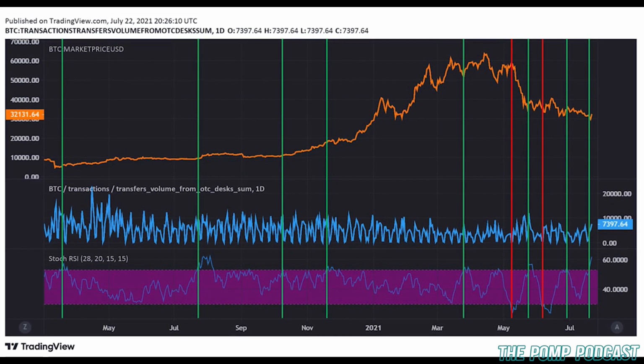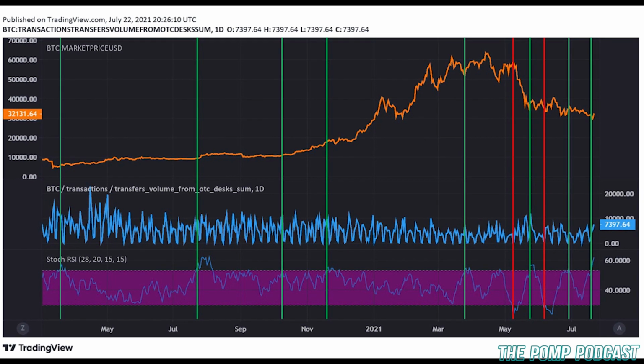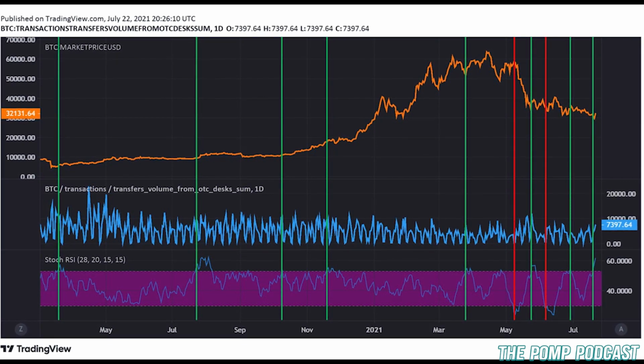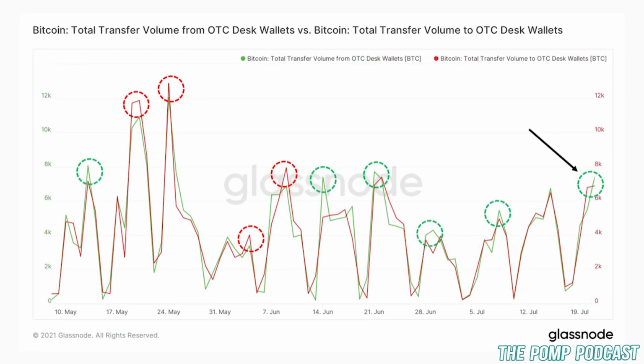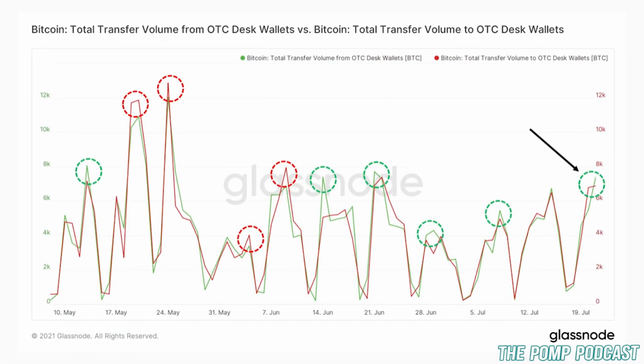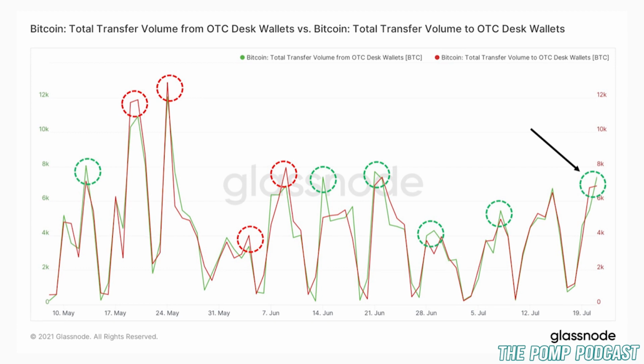And to me, looking at that along with seeing whale wallets tick up, you've seen them accumulate pretty heavily over the last few weeks. Those two things are coinciding with each other and saying the same thing. And then below that, I put out a chart comparing the outflows to the inflows, and you'll see that right now the outflows are outweighing the inflows to OTC desks.